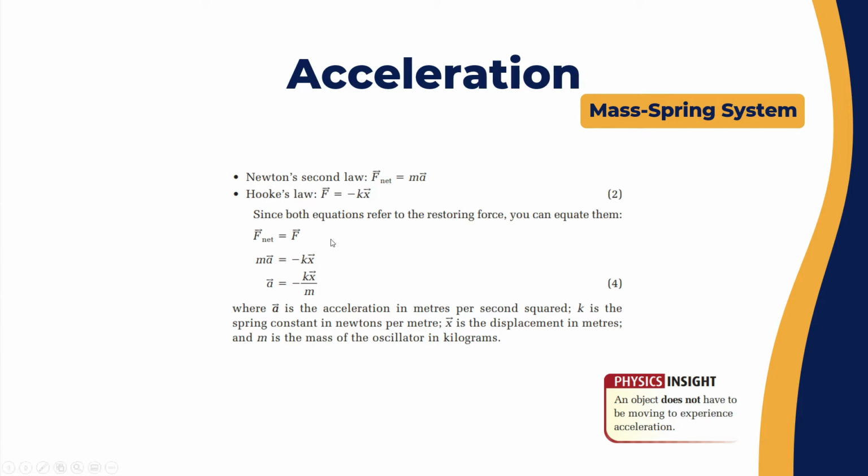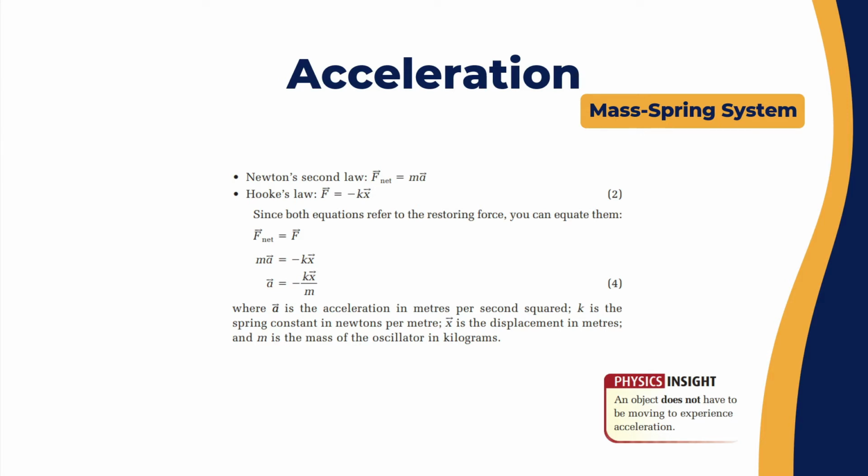F net equals F return, so m a equals minus kx. In this case, the acceleration a equals minus kx over the mass m. Here a is the acceleration in meters per second squared, k is the spring constant in newtons per meter, and x is the displacement in meters.